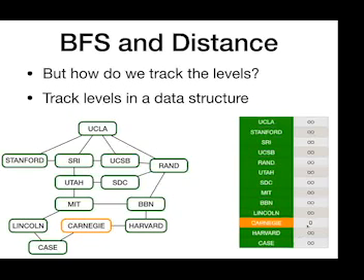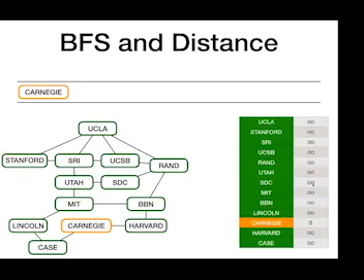And then every time I explore a node, that's my queue at the top. I'm going to add Carnegie to my queue. That's the nodes that we're going to explore. When I dequeue Carnegie, I'm going to visit all of its neighbors that haven't been explored yet.